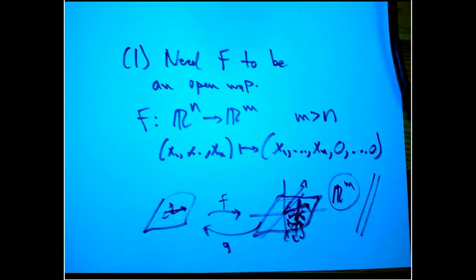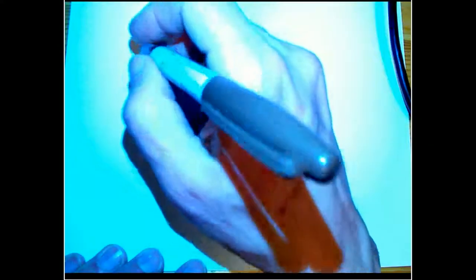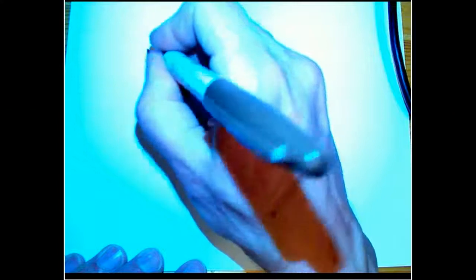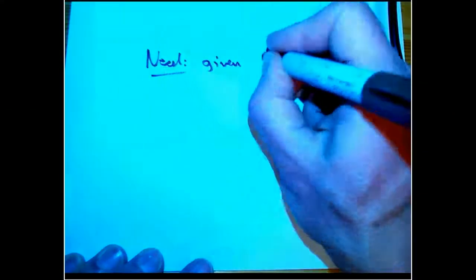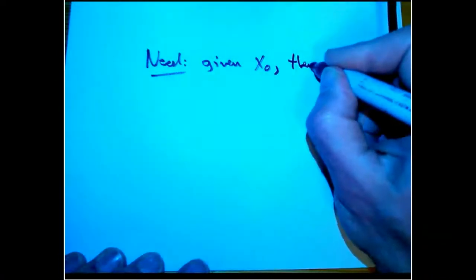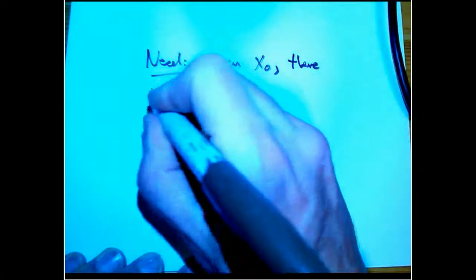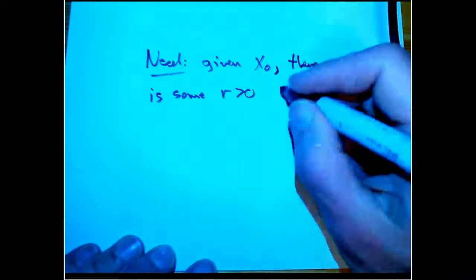And so let's be more precise about exactly what we need, remembering that it's an existence result. And then finally, you might wonder, didn't he start with something about solving equations? So here's what we really need. Given x naught, there is some r greater than 0.